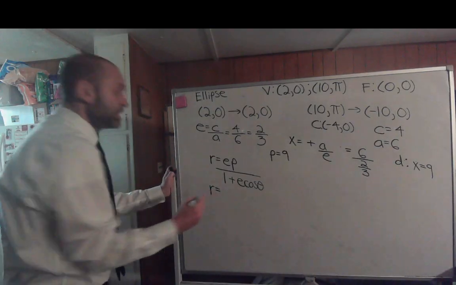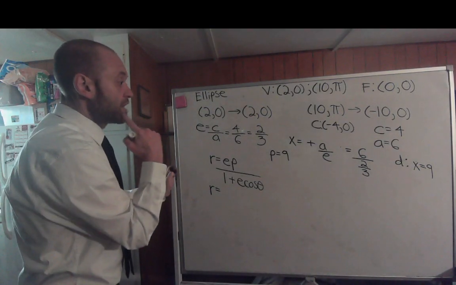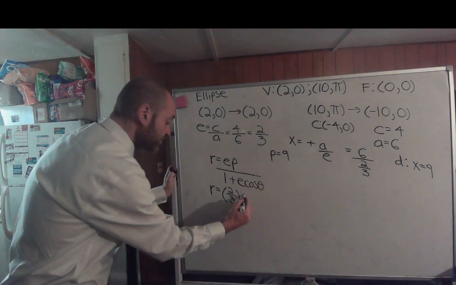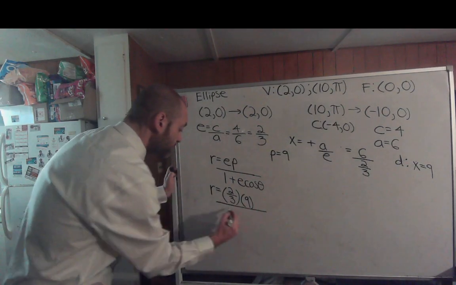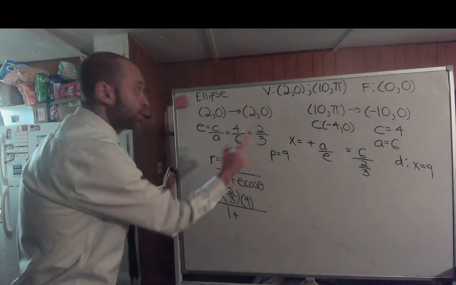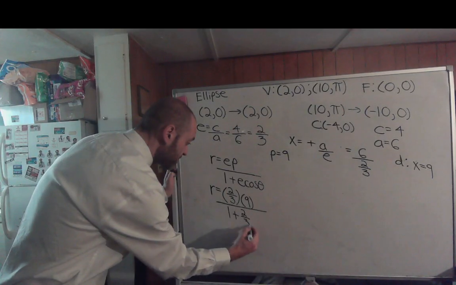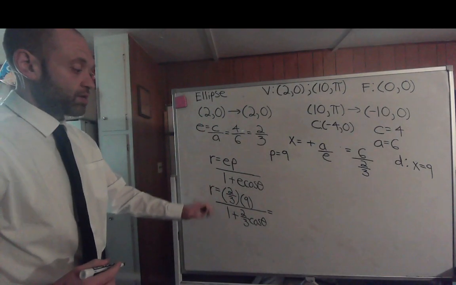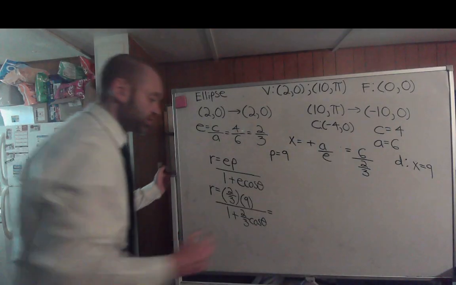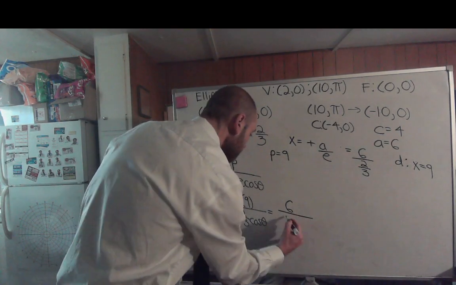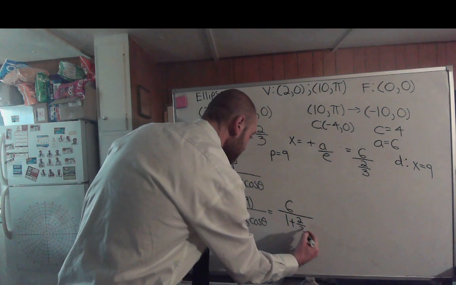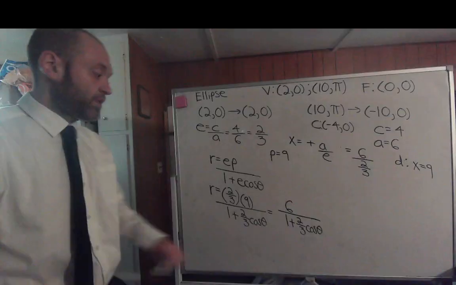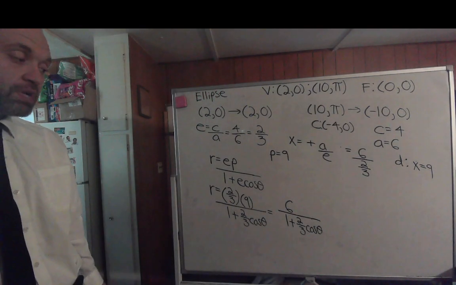Now let's take everything we found and plug that into this formula. So r equals e, which is our eccentricity, 2/3, times our p of 9, all over 1 plus our eccentricity of 2/3 times the cosine of theta. First, let's simplify the numerator. 9 times 2/3 is just going to turn into 6, all over 1 plus 2/3 cosine of theta. Well, we need to get rid of the fraction from the denominator, don't we?